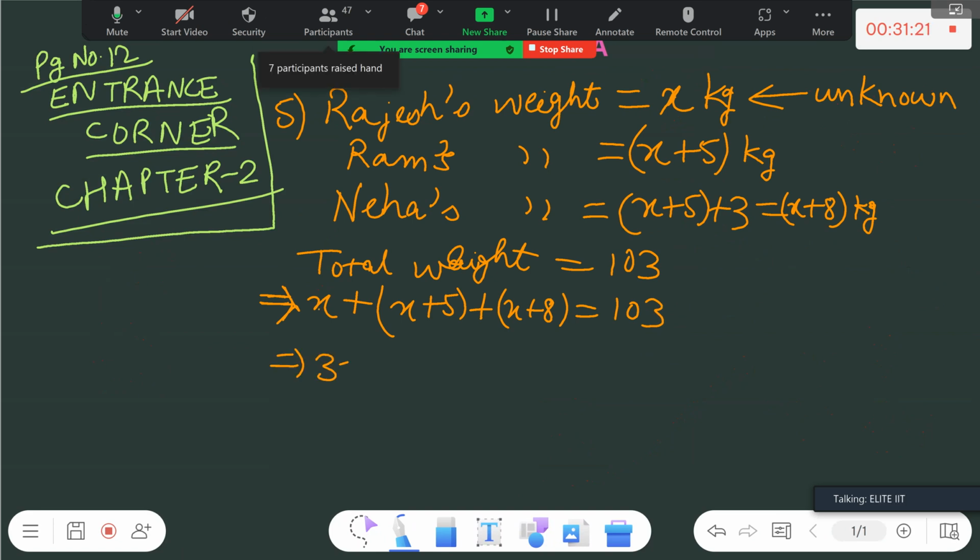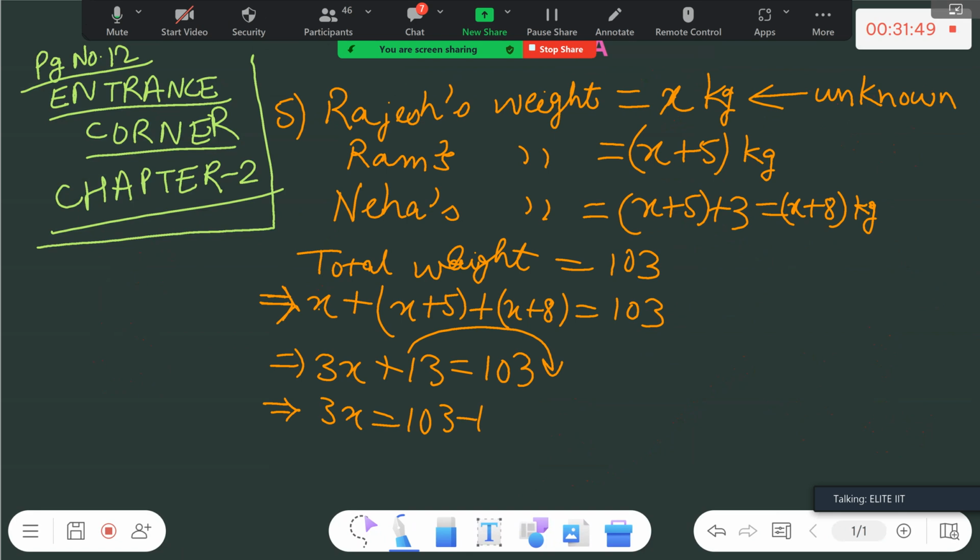Now add them. X plus x plus x will give you 3x, plus 5 plus 8, 13. So now, if you take 13 to the right hand side, plus 13 will become minus 13. 103 minus 13 is 90. 3x equal to 90.